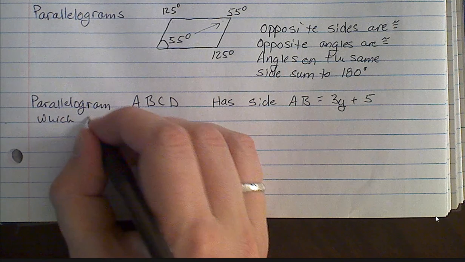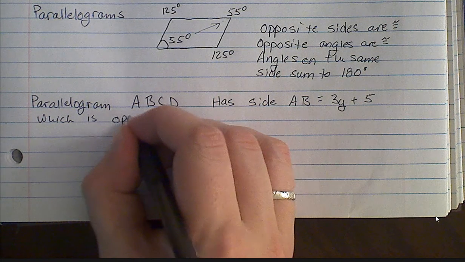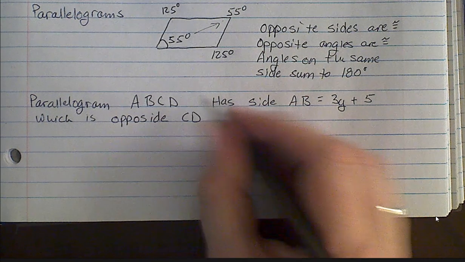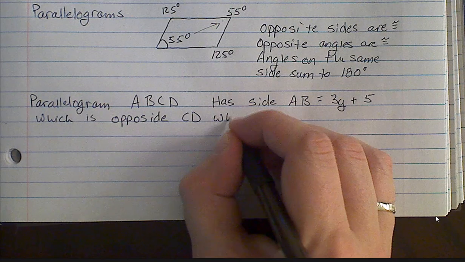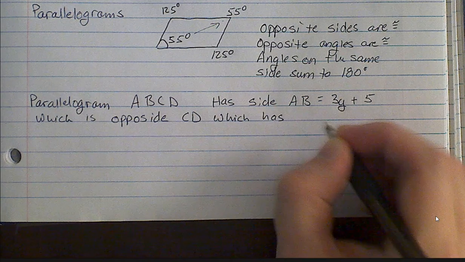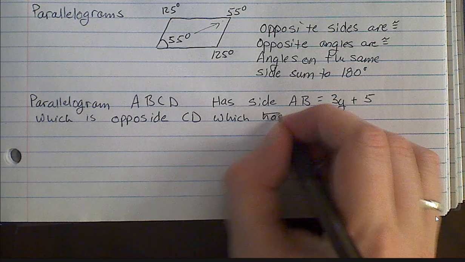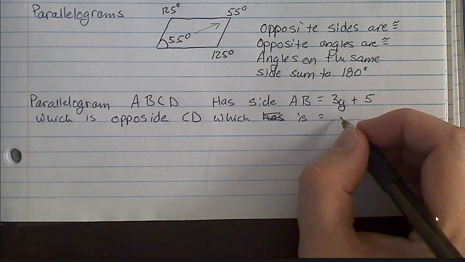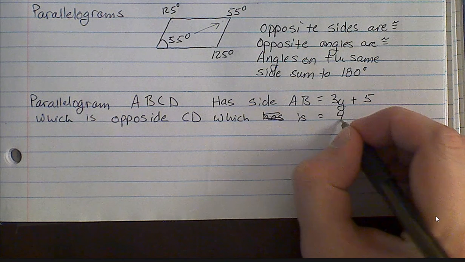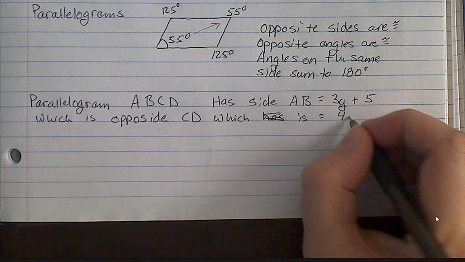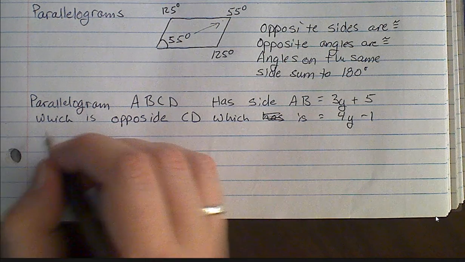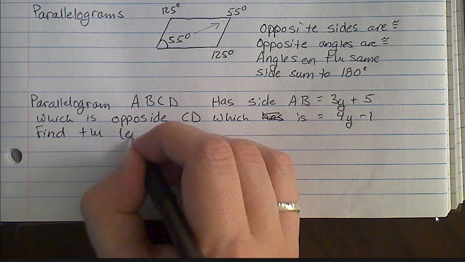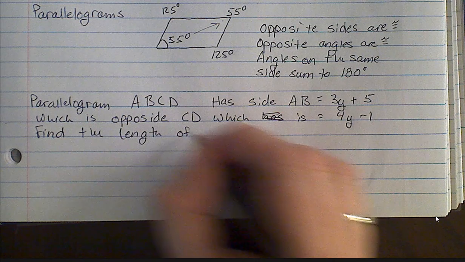Let's say AB is opposite to CD, which is equal to 4y minus 1. Find the length of AB and CD.